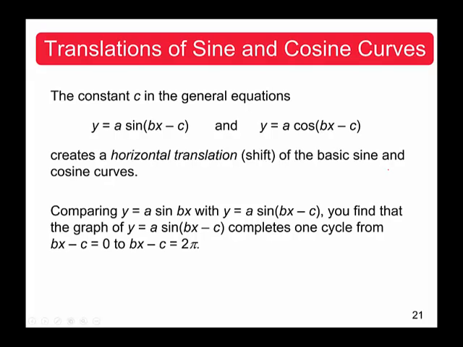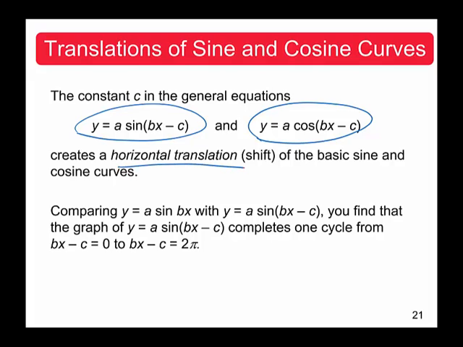Now, we're looking at when we have y equal to a times sine of bx minus c, or y equal to a times cosine of bx minus c. This is called horizontal transformation, because we must subtract c here. So it will shift based on the horizontal axis.